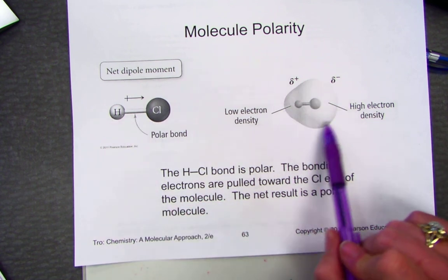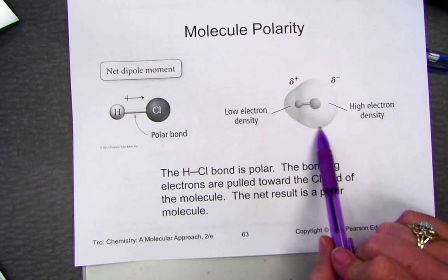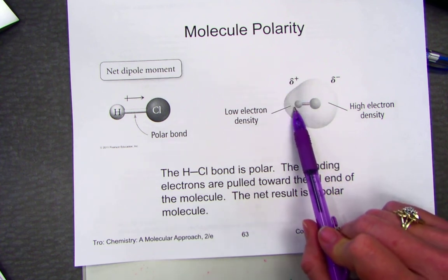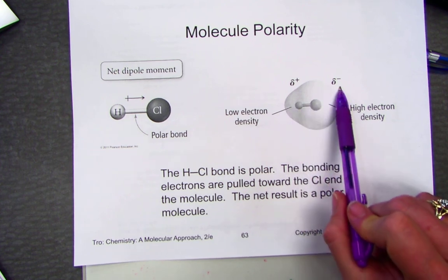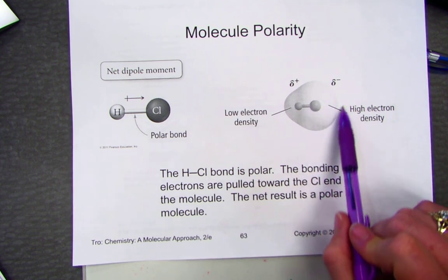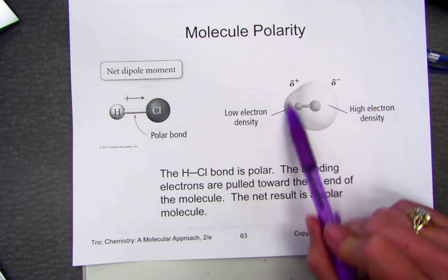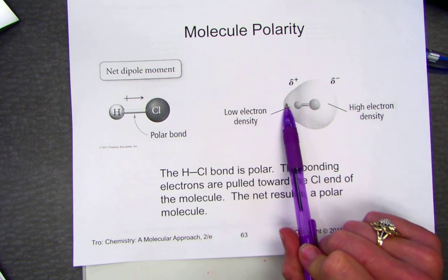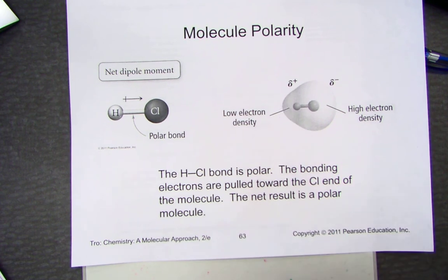And we can see the electron distribution of this molecular pair, leaving a partial positive on the hydrogen with a low electron density, a partial negative on the chlorine with a very high electron density. These are probably colored in our actual PowerPoint, showing red coming from green over here. We could definitely see a polar molecule.